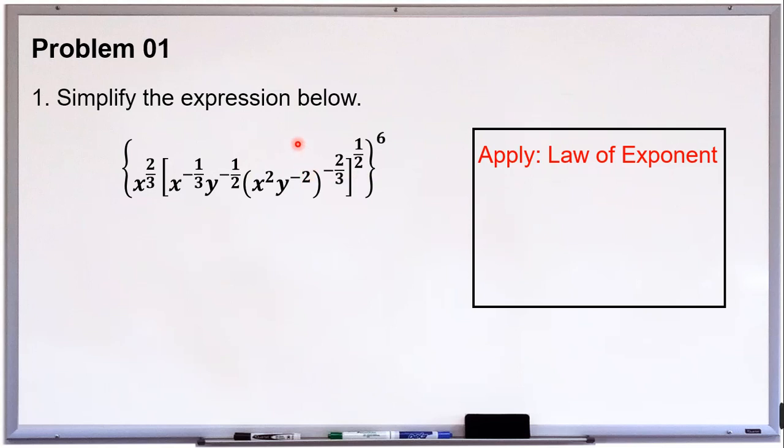Now, there are several methods in simplifying this expression. You can start at the innermost group, which is this expression enclosed by this parenthesis, and then simplify from the innermost to the outermost, or you can also start at the outermost exponent, which is this number 6, and then distribute this one to the exponent for the brace, which is 1/2, and to the exponent for x right here, that is equal to 2/3.